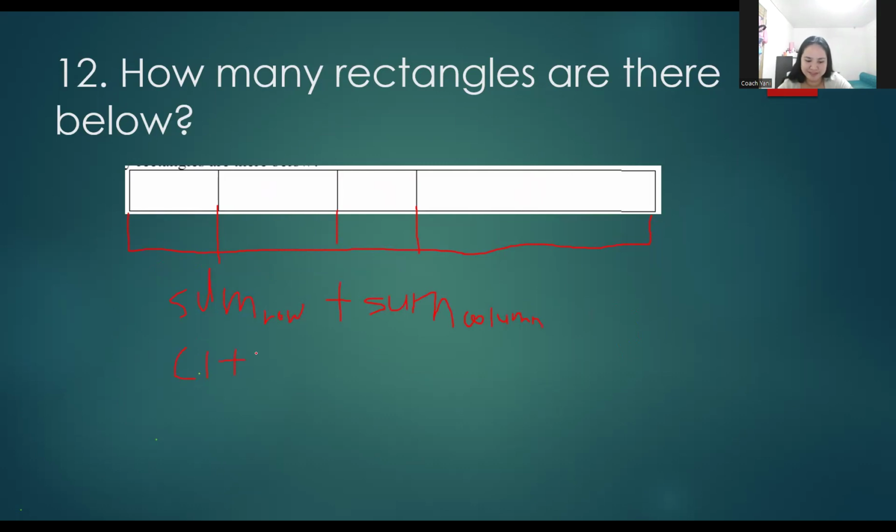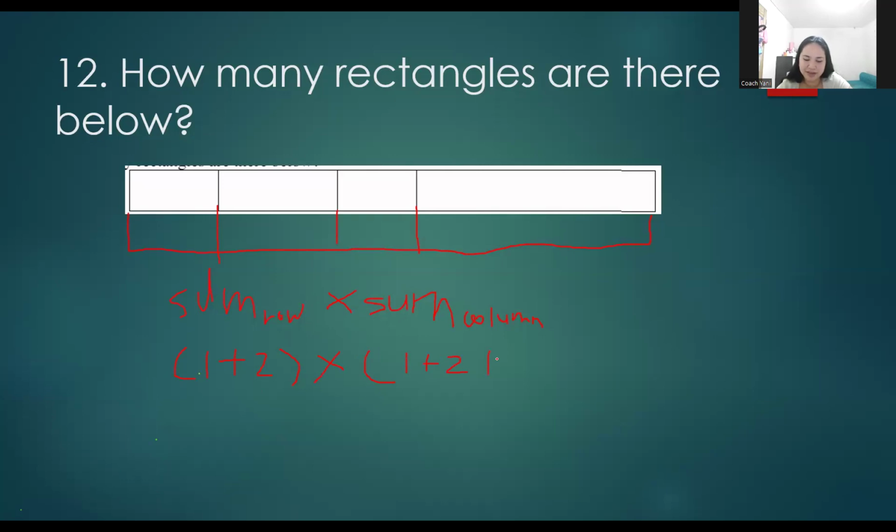Oh, that is times, I'm sorry. I'm having a hard time writing on the computer. Okay, very good. 1 plus 2 times what? Times 1 plus 2 plus 3 plus 4.